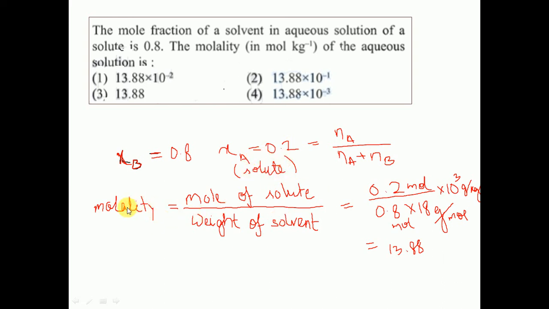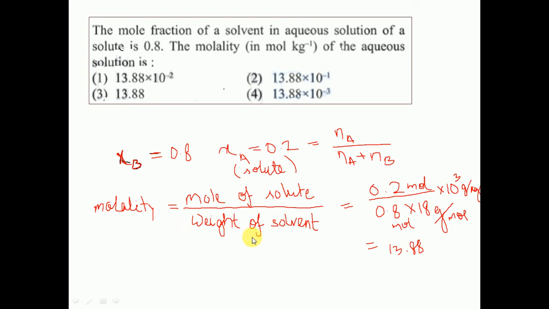Now, molality we know is the number of moles of solute divided by the weight of solvent in kg. I mean the unit will be kilogram, right? So if we substitute the number of moles of solute as 0.2 mole, then we substitute the value of the weight of solvent, we can get the molality.